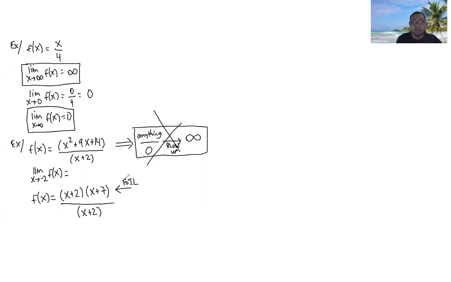This stands for first. You're going to multiply your first terms, x times x. You're going to multiply your outer terms, x times 7. You're going to multiply your inner terms, 2 times x. Then you're going to multiply your last terms, 2 times 7. And it's going to look like this.